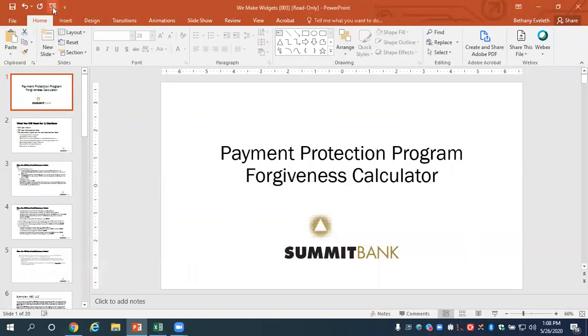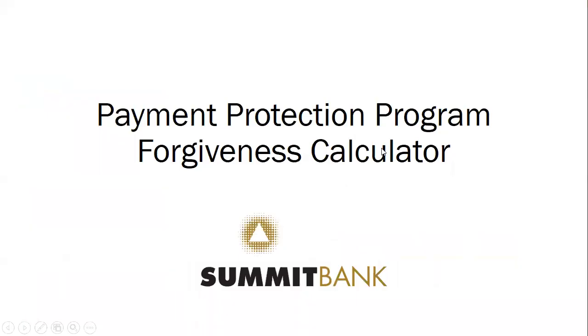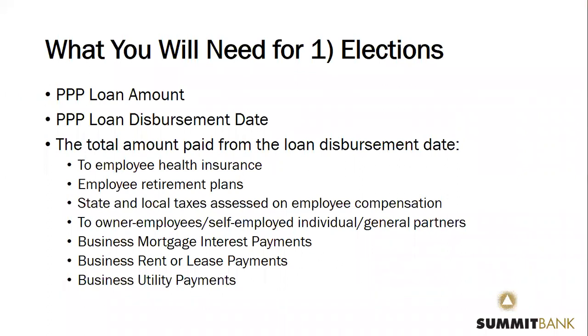We've created a PowerPoint presentation to break this down, slow it down a little bit, and take you through a fictional scenario of a company applying for forgiveness. So let's start by talking a little bit more in depth about all of the things you'll need before you go to fill out the worksheet.